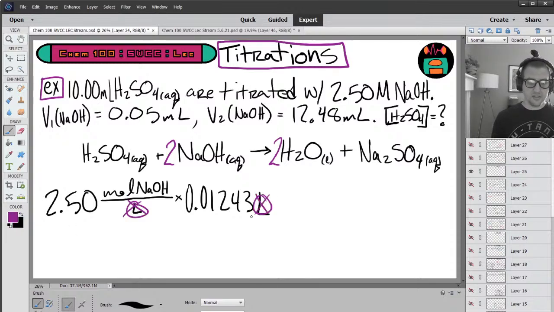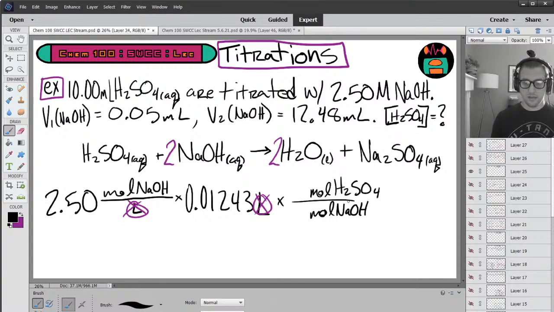Now liters cancel. And now I can convert moles of sodium hydroxide to moles of sulfuric acid. And we can see from the balanced chemical equation that it is a 1 to 2 molar ratio. So I cancel those. Now I crunch my numbers.